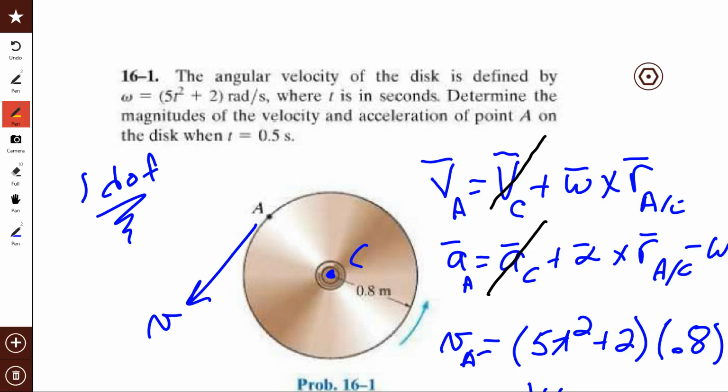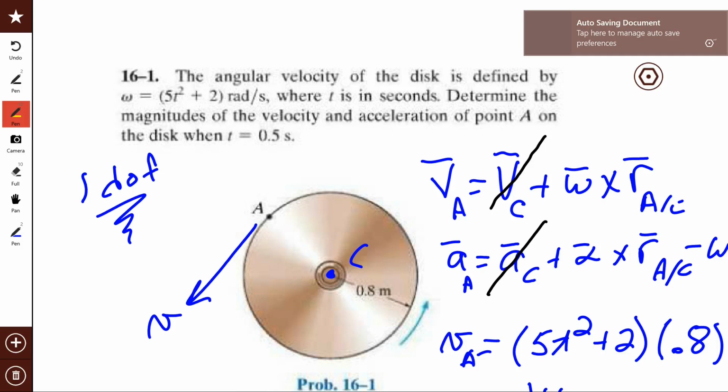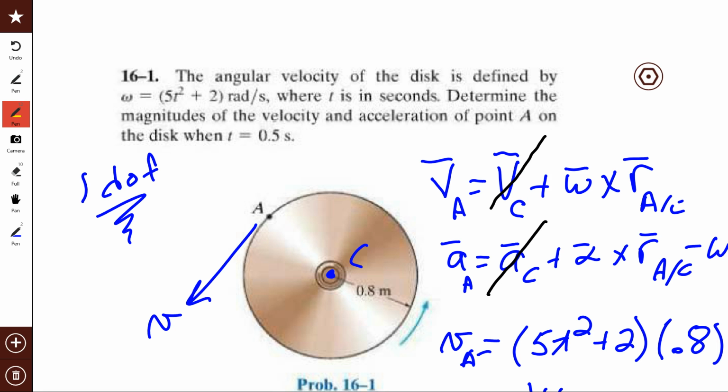Any other special points? Okay, I'm only going to write equations between the special points. Now here's a note for you. If you have 2 special points, you're going to write 1 omega R equation. If you have 3 special points, how many omega R equations do you think you're going to write? 2. It's always 1 less than the number. Why?